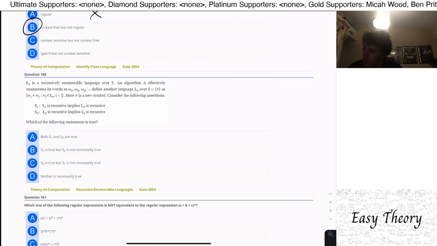If we can solve L1, can we solve L2? Yeah, because we can just enumerate strings in pairs. So this one is true. We can just operate in parallel until the solver for L1 says yes. Even if it was only enumerable, it would still work to show that L2 is enumerable.